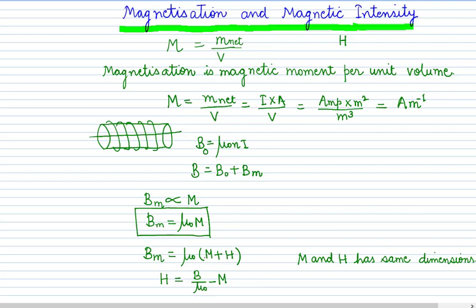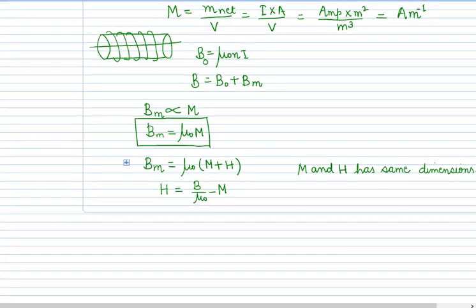Now what is the relation between magnetization and magnetic field intensity? Let us find out. The magnetization is proportional to the magnetic field intensity. And again, to remove this proportionality sign, we have to introduce a constant, and this time we cannot use mu naught because we have already used it.